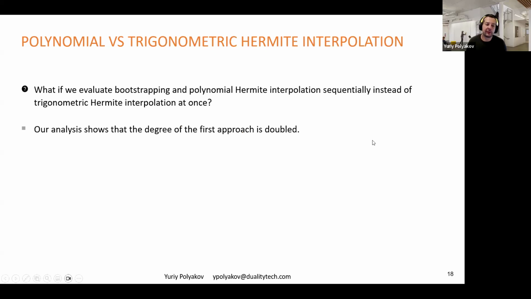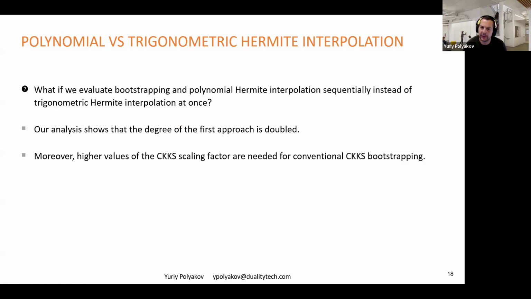First of all, our analysis shows, and the analysis is presented in the paper, that the degree is double, which means increased complexity and increased levels by 1. Moreover, the classical CKKS bootstrapping, because of this 1-point interpolation, typically requires a larger scaling factor because we have to reserve extra room where this 1-point interpolation does not work.